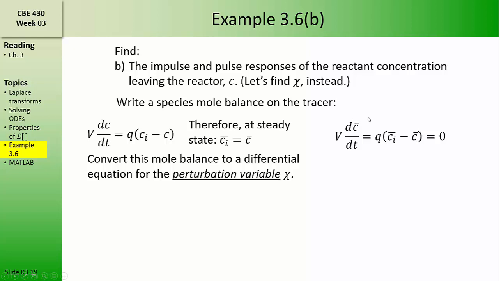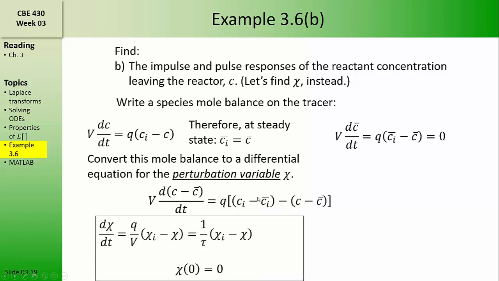We can write the steady state version of our component balance for the tracer, and then we can convert our balance equation to the perturbation variable form by subtracting the steady state version from the dynamic version. Subtracting these two equations introduces C minus C bar in the derivative, Ci minus Ci bar, and C minus C bar on the right-hand side.